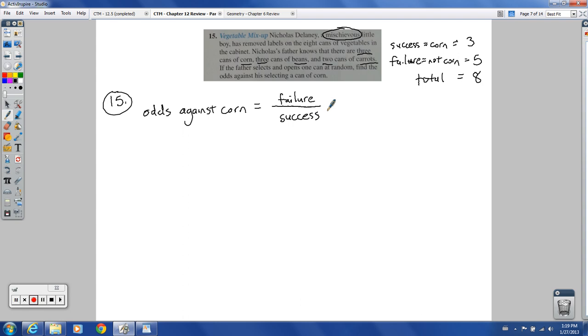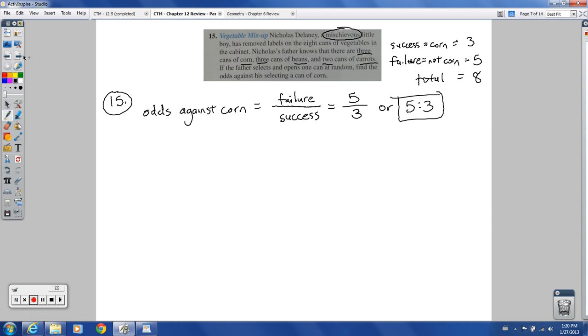So failure, not corn, would be 5. Success would be 3. So the odds against picking corn, there's 5 ways not to pick corn versus 3 ways to pick corn. So the odds against would be 5 to 3. And I believe that's all we have to do for this one.